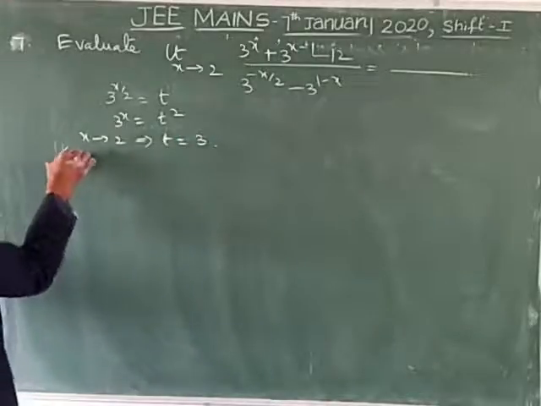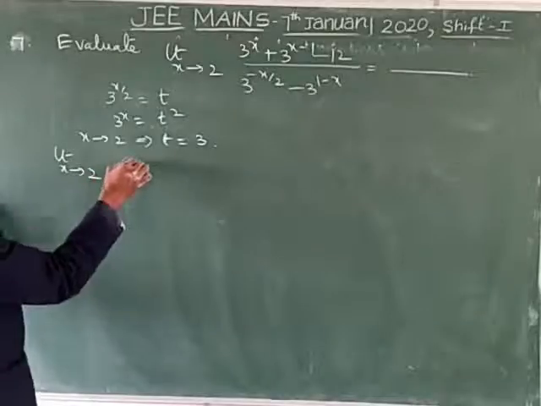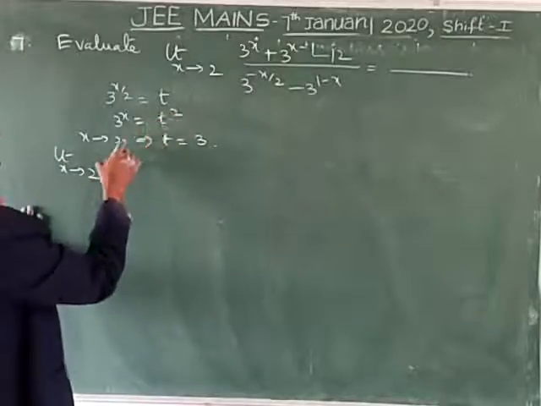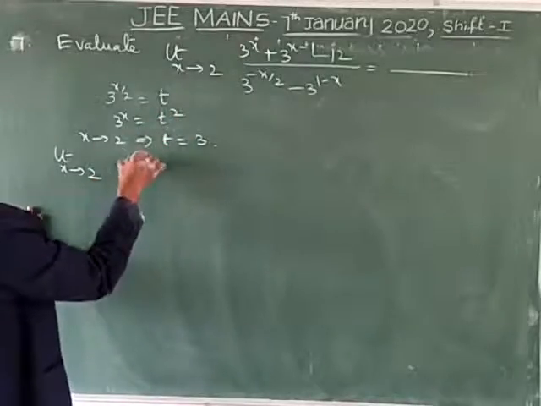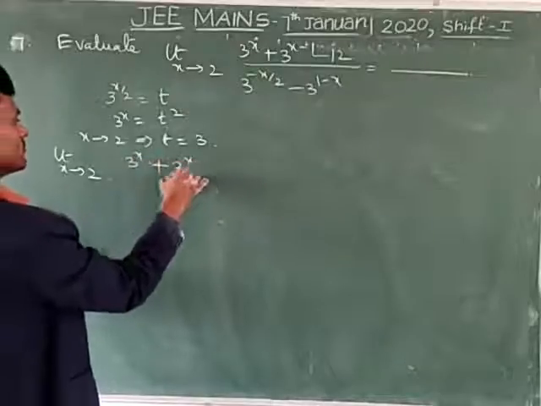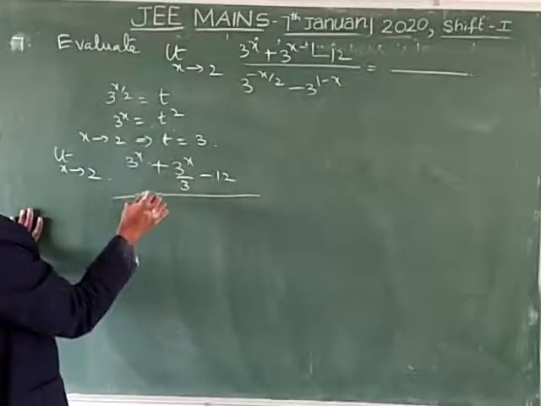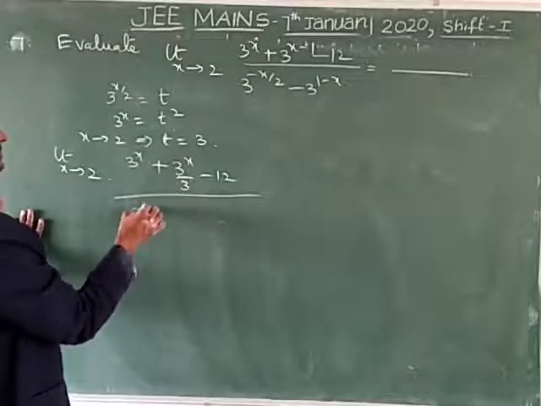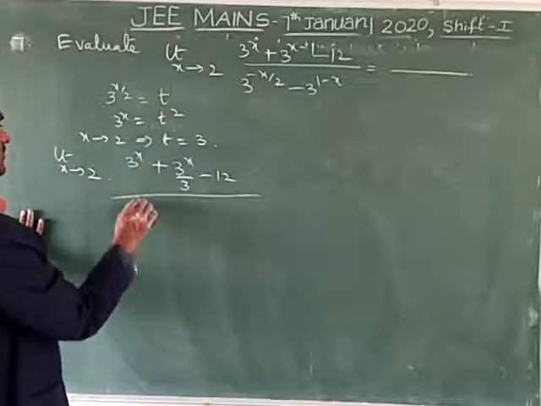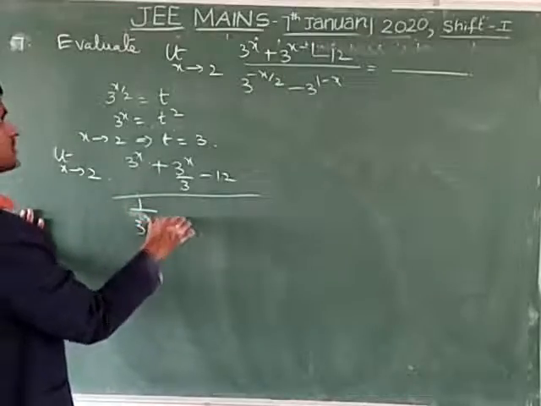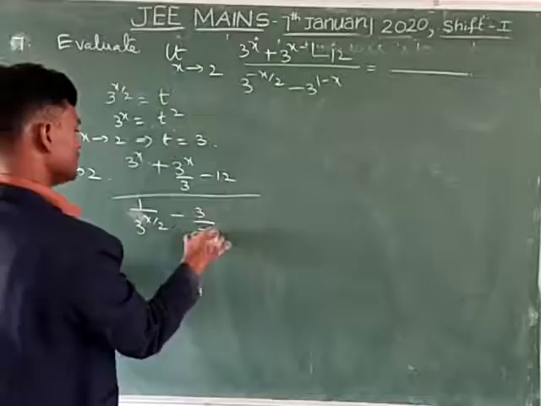Now instead of 3 power x, write it once again. It is written as 1 by 3 power (x by 2) minus 3 by 3 power x.